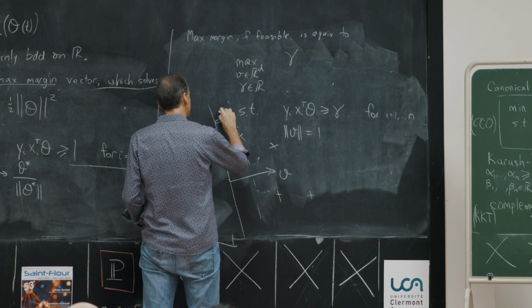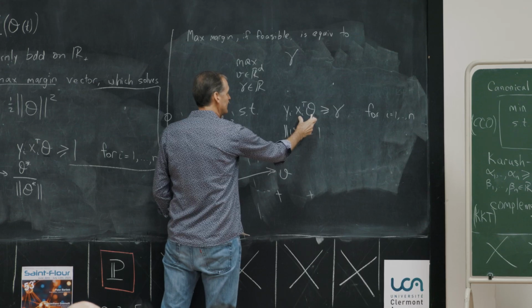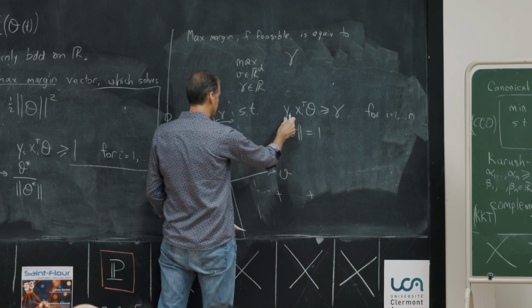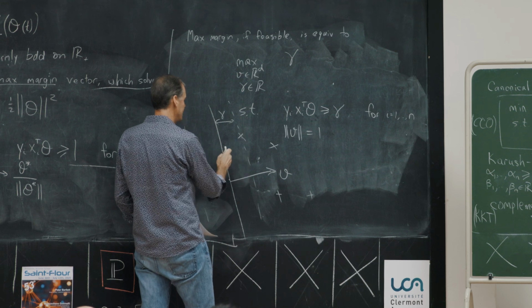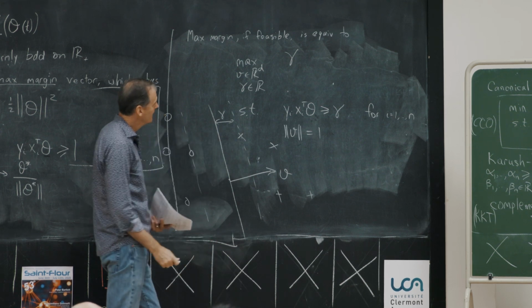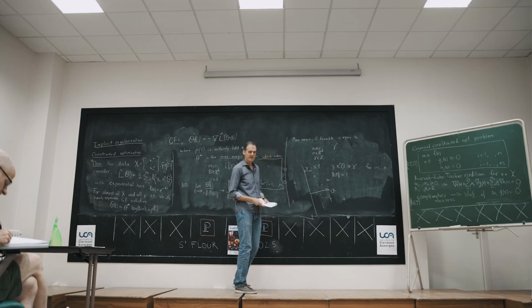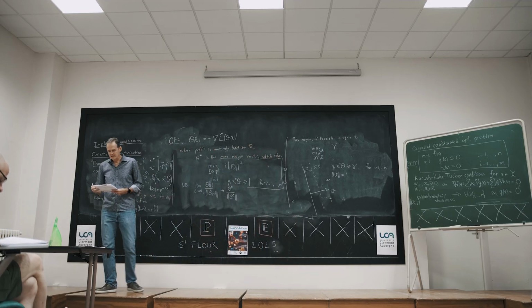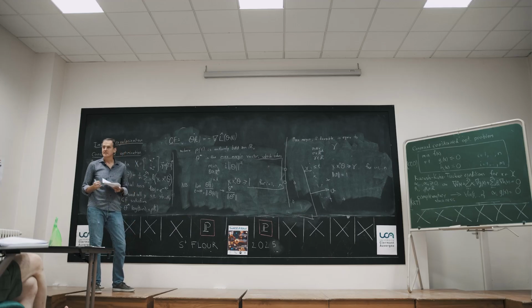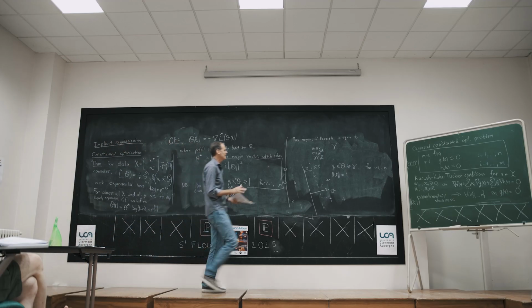For a unit vector, gamma here is how far the closest point is to the decision boundary. So we're adjusting the direction to maximize that distance to the decision boundary. So this is exactly what arises. Again, there is theta. It should be a theta. Oh, I'm sorry. That should be a V.